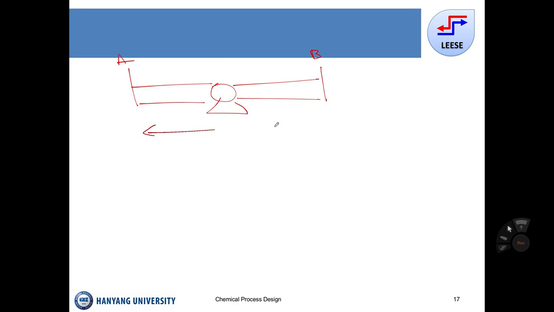So we have the pipe, then we have the pump, we have the transfer from position A to B. Let's say it is a kilometer.